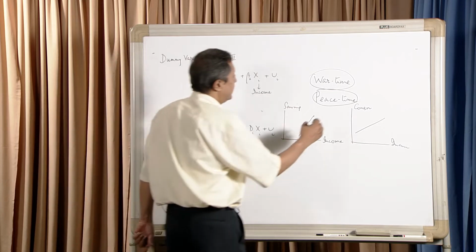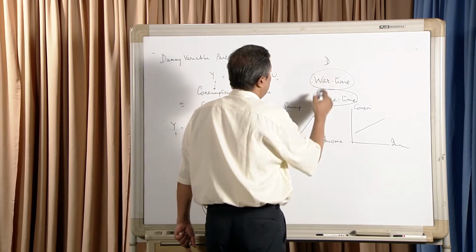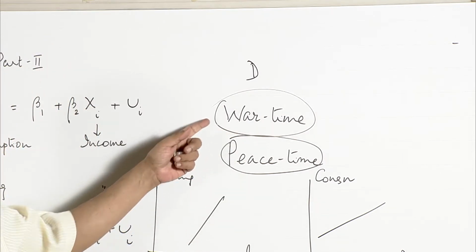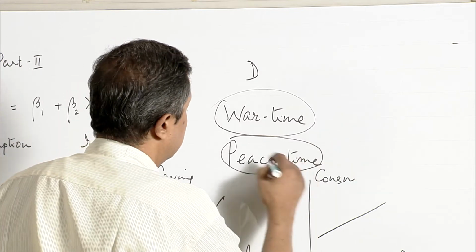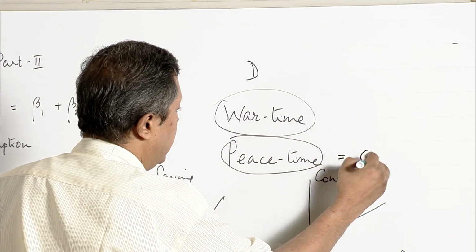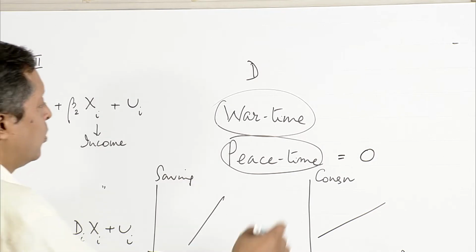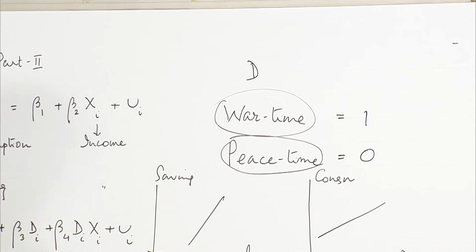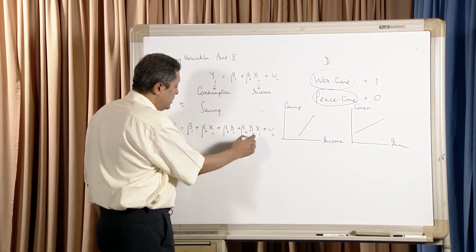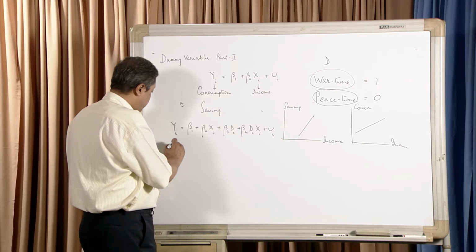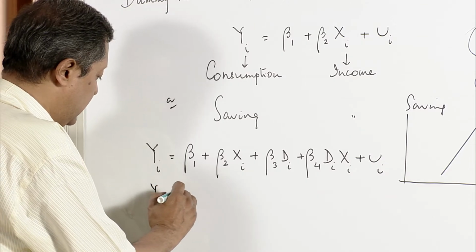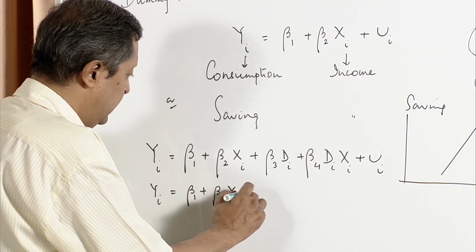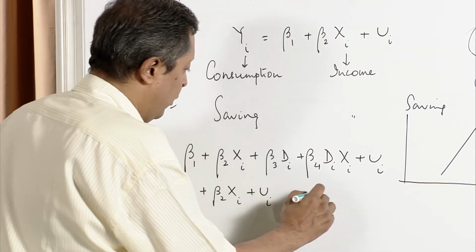And d is the dummy variable which can be used to differentiate between war and peacetime. So, for peacetime, dummy variable d takes the value 0, for wartime it takes the value 1. What is the implication of this model? If d is equal to 0, then for peacetime y i equals beta 1 plus beta 2 x i plus u i.